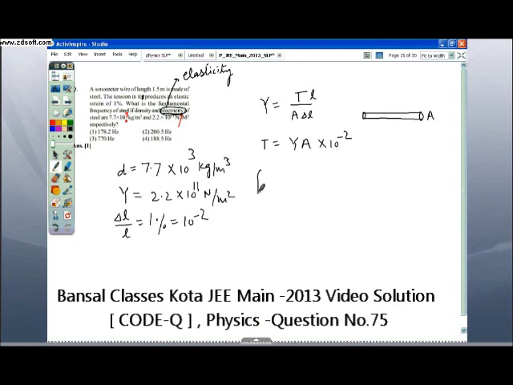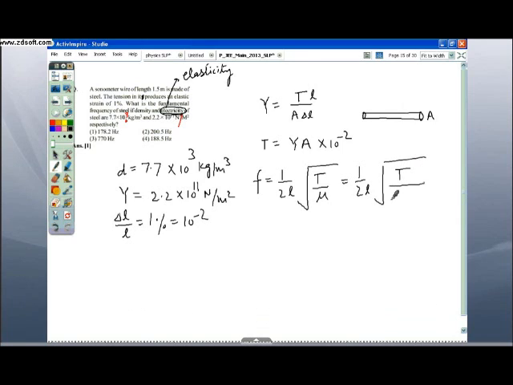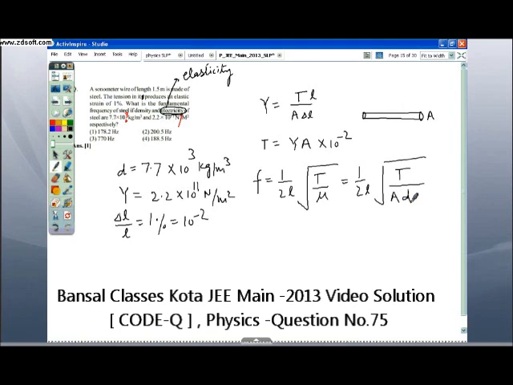The fundamental frequency for this wire is given by 1 by 2L under root T by mu, which is equal to 1 by 2L under root T upon A into D. The value of T by A from this expression is given by Y into 10 to the power minus 2.